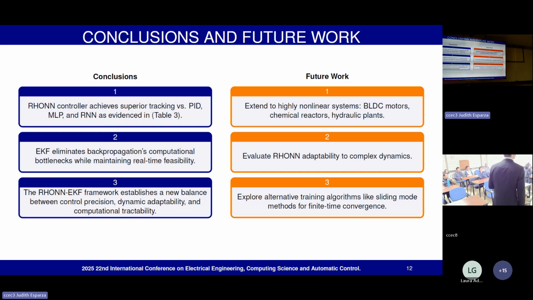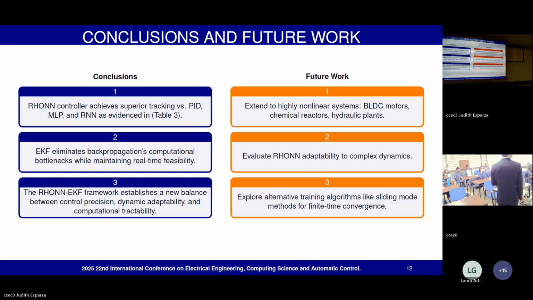The use of the extended Kalman filter as an optimizer avoids the computational cost of backpropagation, because it is sometimes hard to implement in real time in an embedded system such as an Arduino Uno.